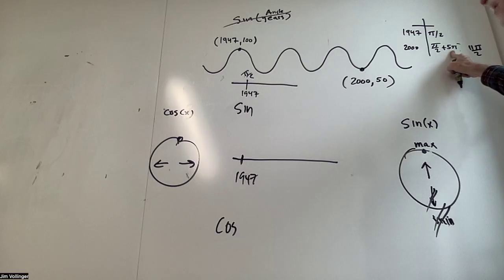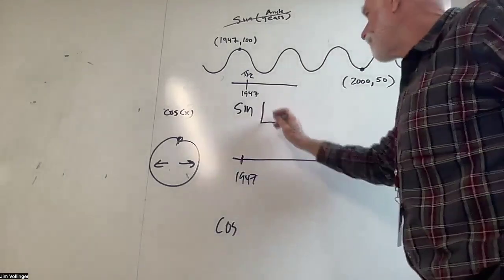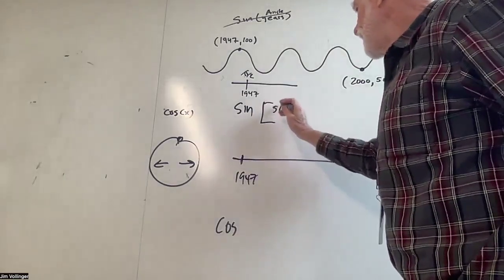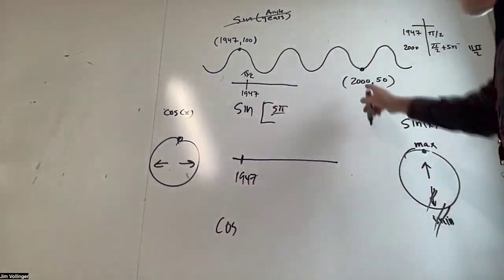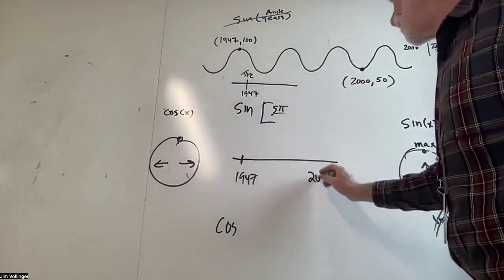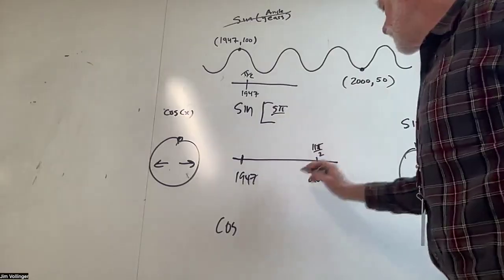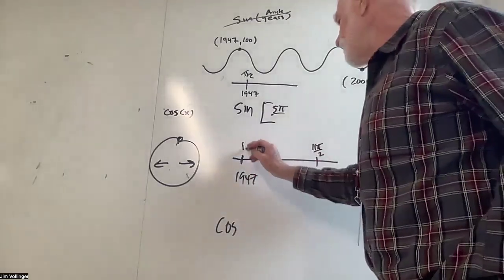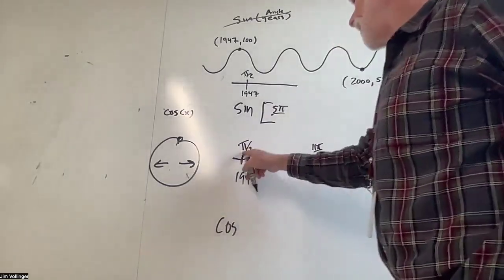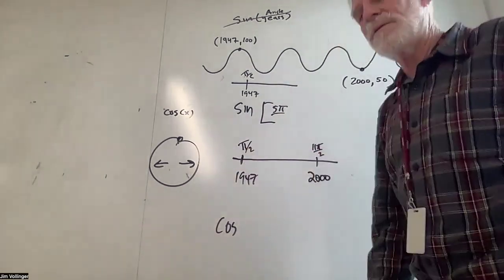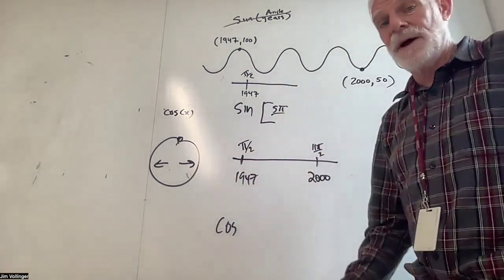All right, so the change is 5 pi. And that takes how many years? 2000. So we're now making 2000 act like 11 pi over 2, and 1947 as pi over 2. And how far is it from pi over 2 to 11 pi over 2? 10 pi over 2, which is 5 pi.